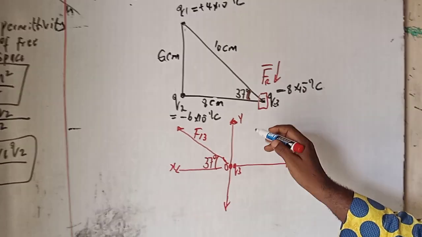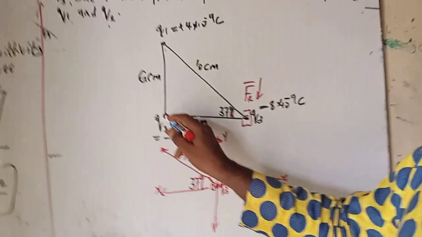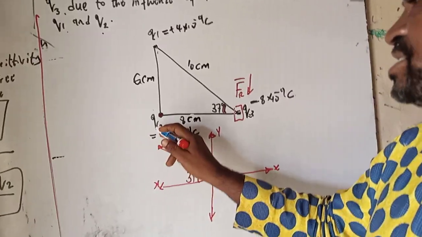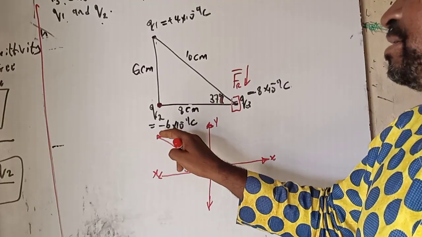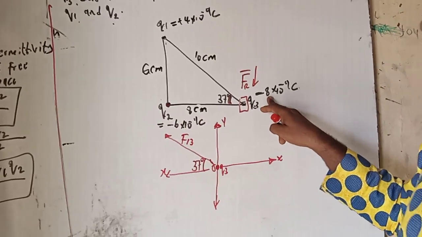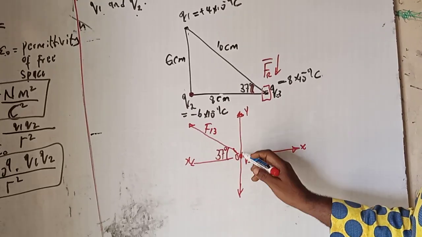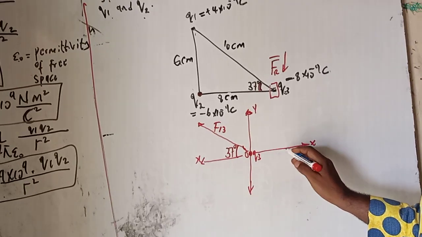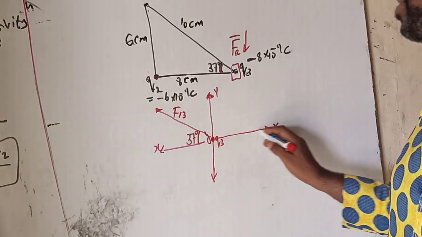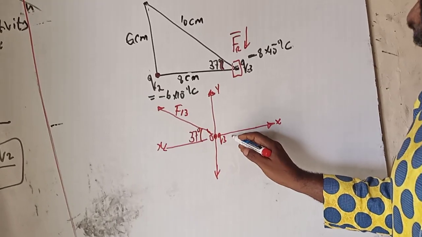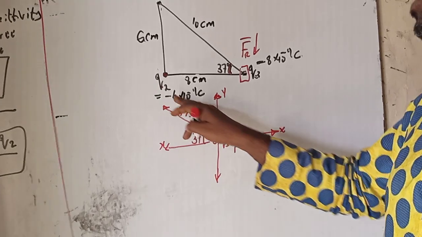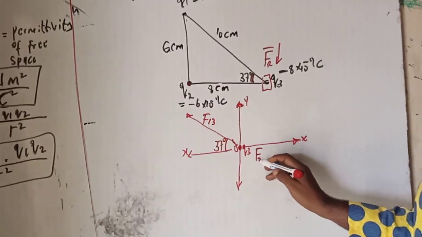Now, we want to consider the force that this charge Q3 will experience due to the presence of charge Q2. If you look at the charges, this is negative and this is another negative charge, so there will be a repulsion. That means this charge Q3 will be repelled in this direction. So I have a force on charge Q3 now due to charge Q2, which will be F23.